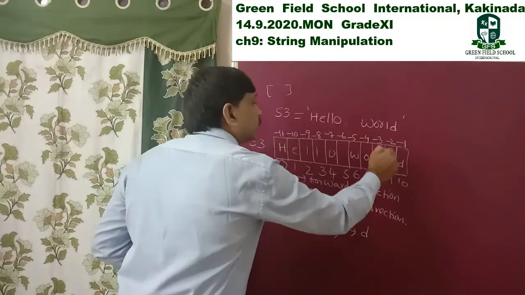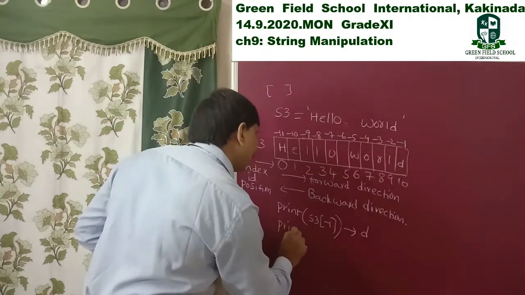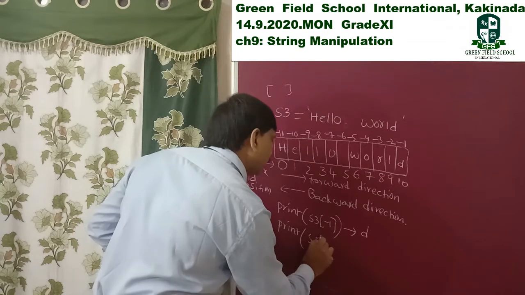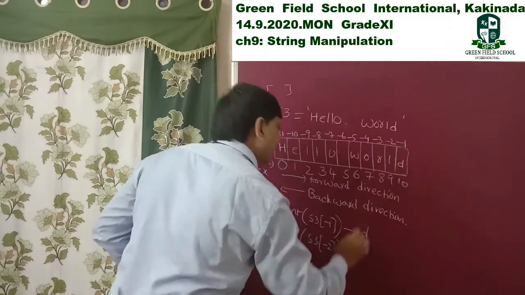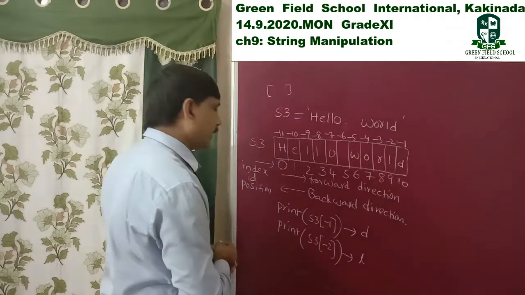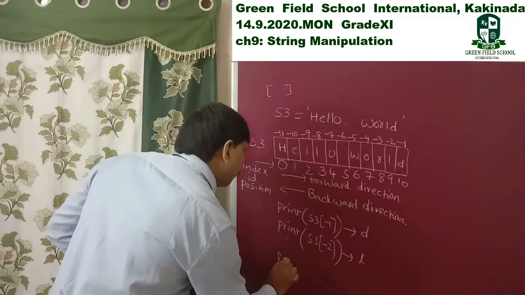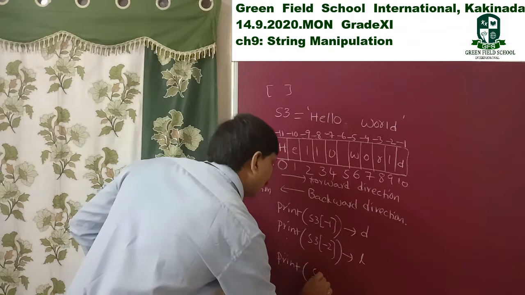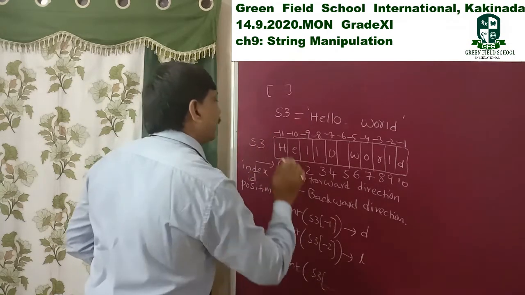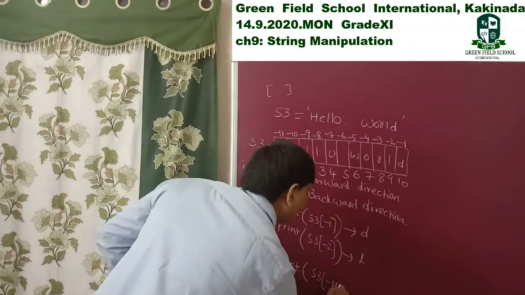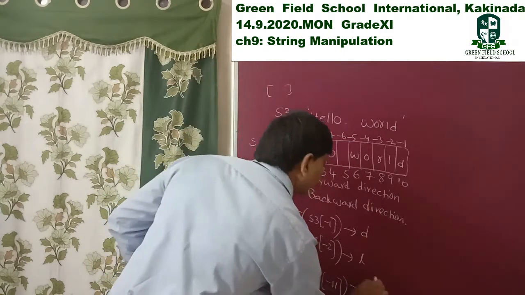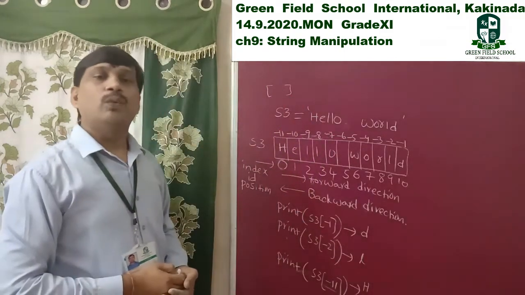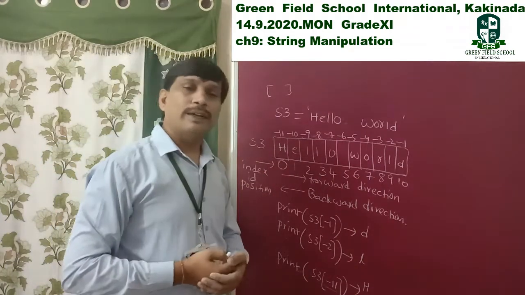S3 of -2, I print this one, displays L. And so on. Print S3 of -11, it prints H. Understood my point? In this way we access in the backward direction also.